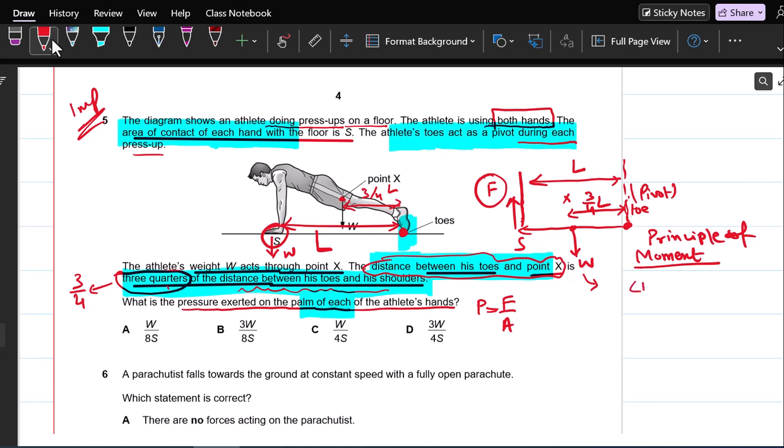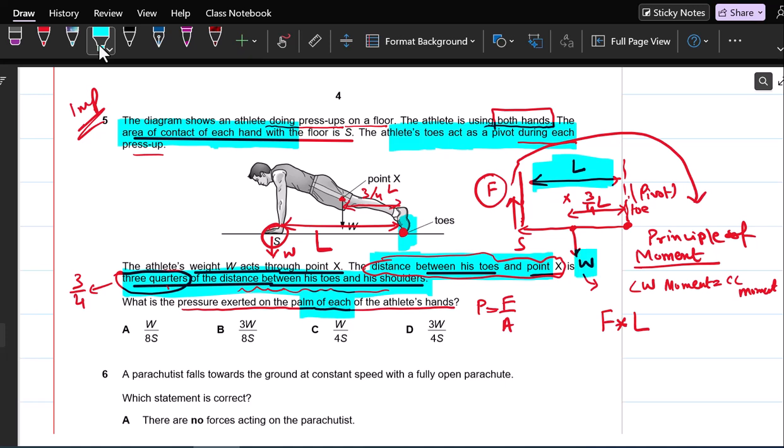So what does the principle say? Clockwise moment is equal to counterclockwise moment. So dear students, this F is going to create a clockwise moment. So I say clockwise moment is F multiplied by L because I am taking this L as a distance. And there is one more force that is W and its distance is this.